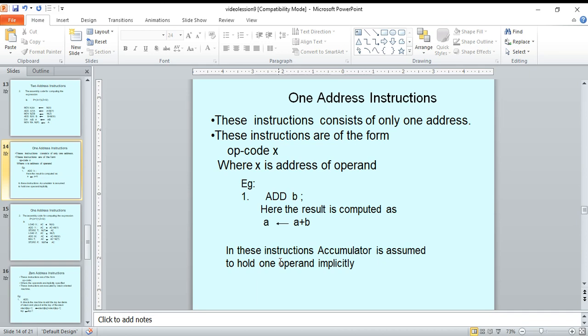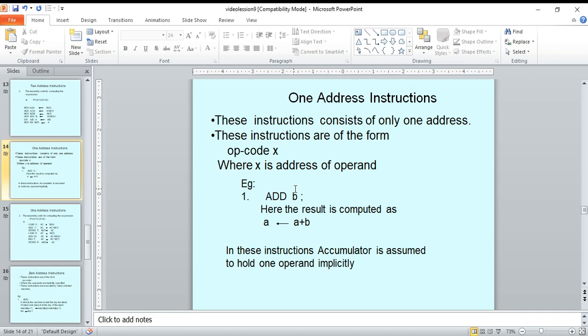Here, the instruction form is opcode x, where x is the address of the operand. See the example: add b. Add is the opcode, and b is a register.